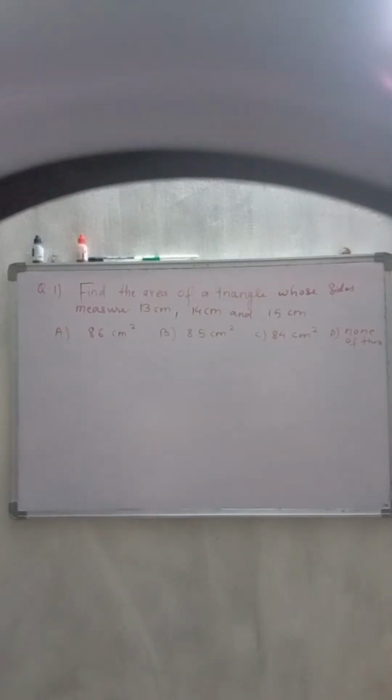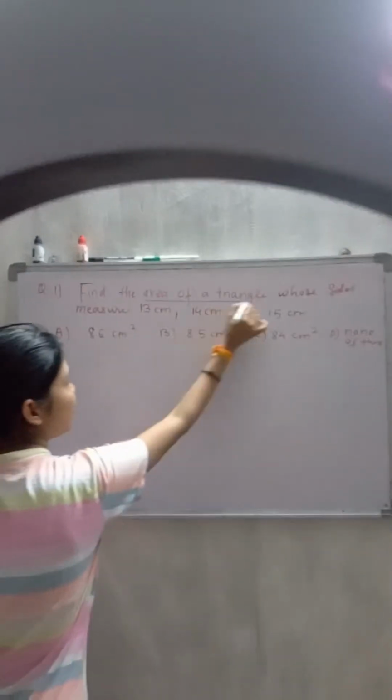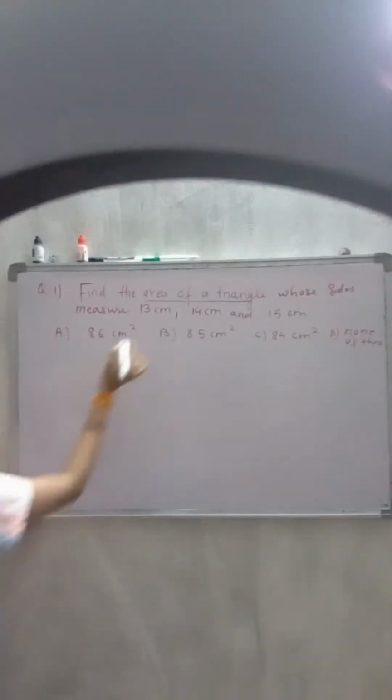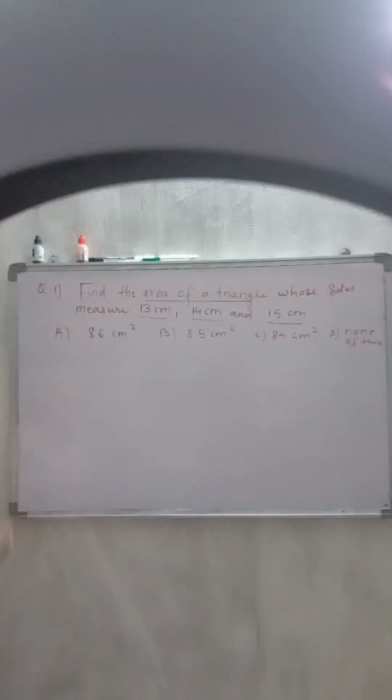So let's solve this. We need to find the area of a triangle whose sides are given as 13, 14 and 15 centimeter. Whenever we have three different sides, we will use Heron's formula to find the area of a triangle.